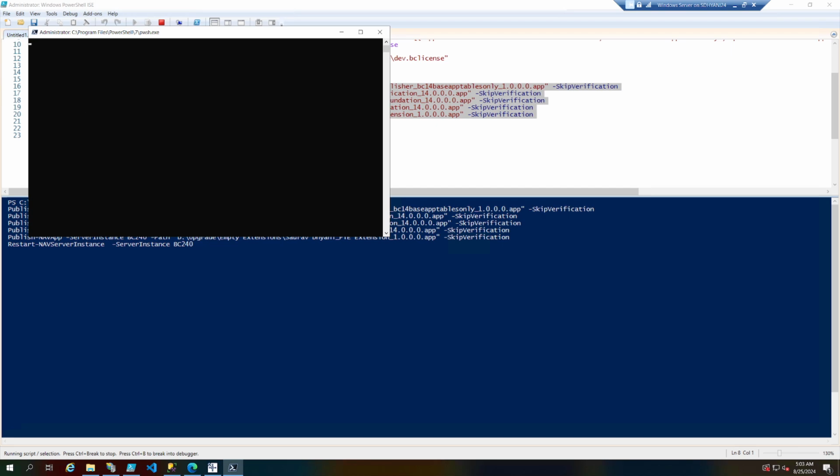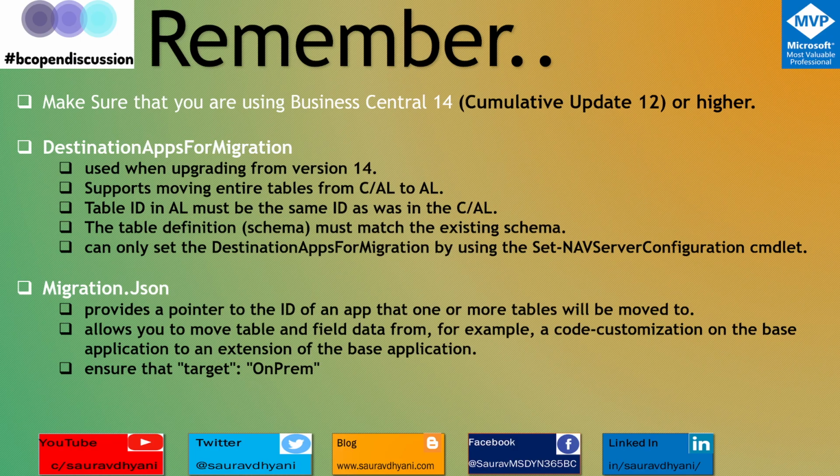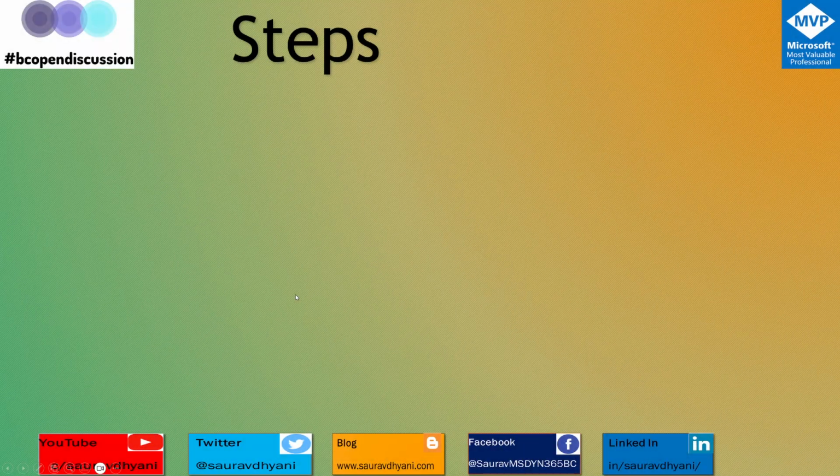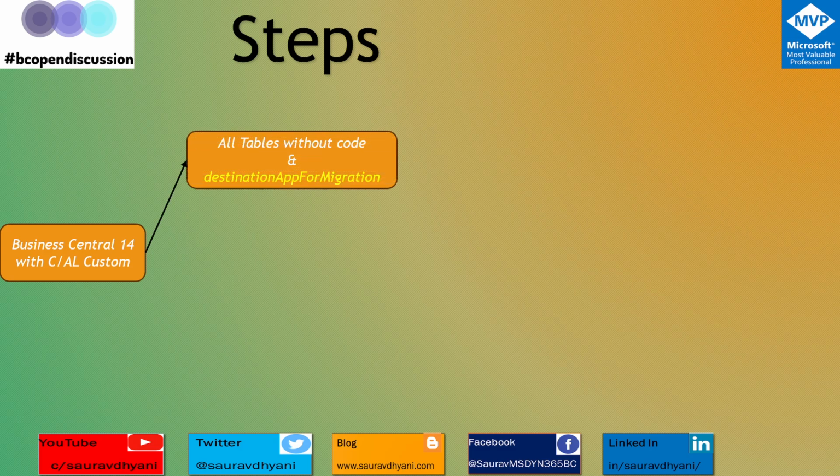Okay, it is publishing. While it is publishing, let's try to understand what's happening in the equation. So in summary, we had Business Central 14 with C/AL customization. We created all tables without code, and then the extension that we are publishing, and then we created version 2 of it with the destination app for migration.